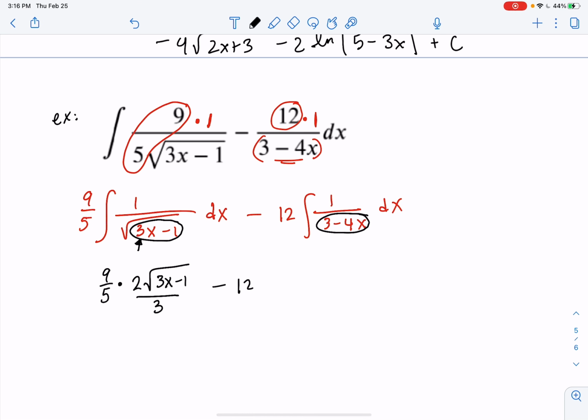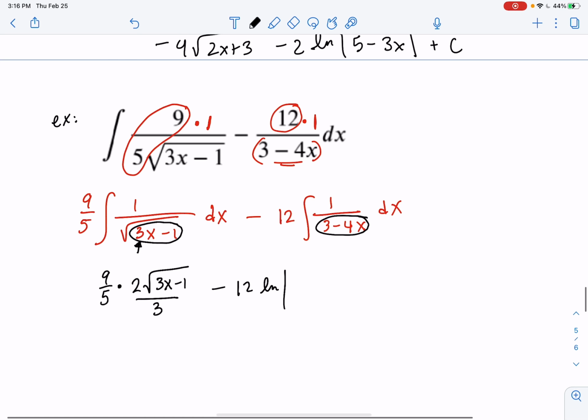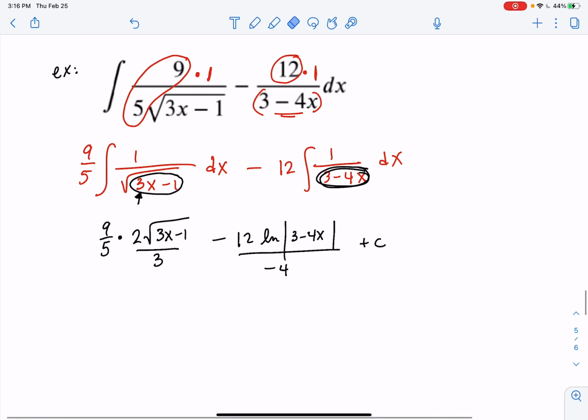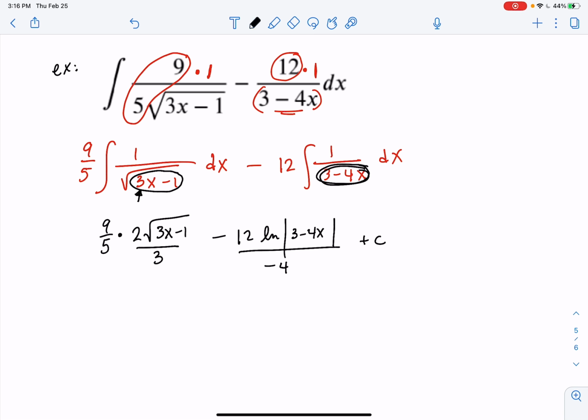Let's do the next part. Minus 12. The integral of 1 over x is the natural log of absolute value of x. But instead of an x, I have this line here. So I need to divide by its slope. In the last step, I'll just simplify it down. This 9, and the 3 becomes a 3 over 1.